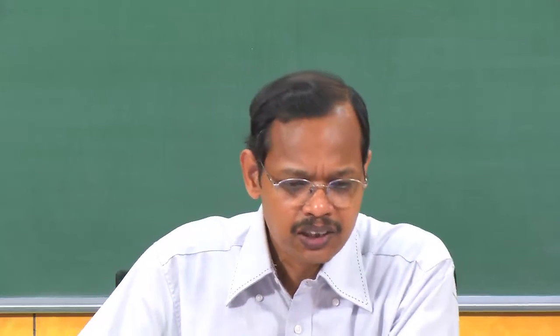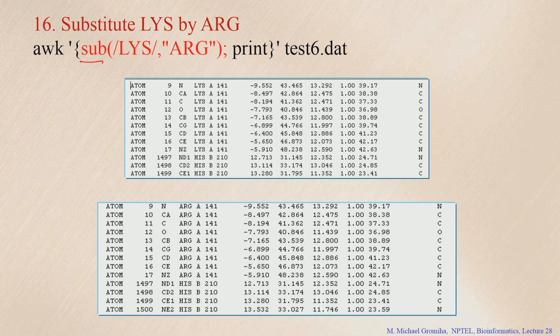Now, if you want to do any substitutions, for example any mutations, it is possible to substitute any text using this command sub. What do you want to substitute? Here you want to substitute LYS to ARG, right, how to substitute this lysine to arginine. So here this is the record for the lysine.